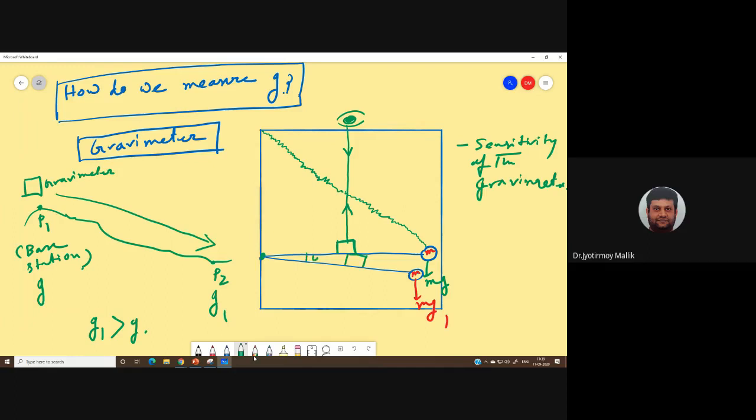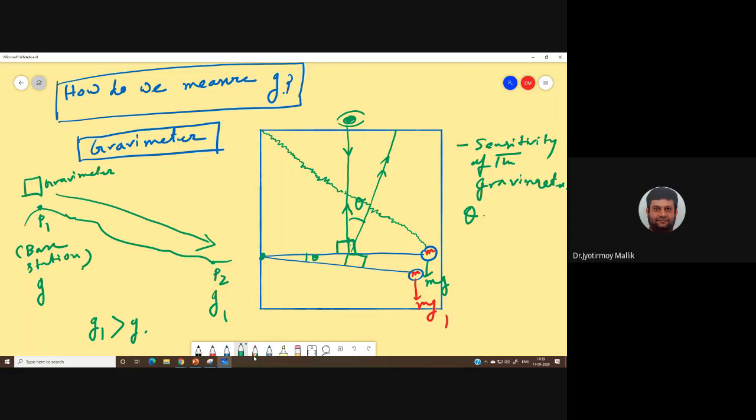If this angle is theta, the mirror is tilted a little bit. So the incident ray comes like this, but then it is deflected, and this will again be the angle theta. So you can measure this angle theta.